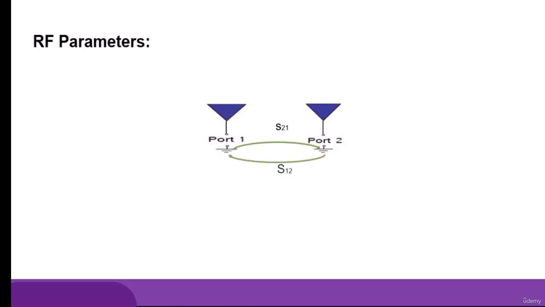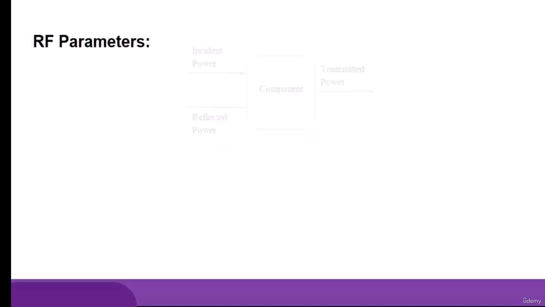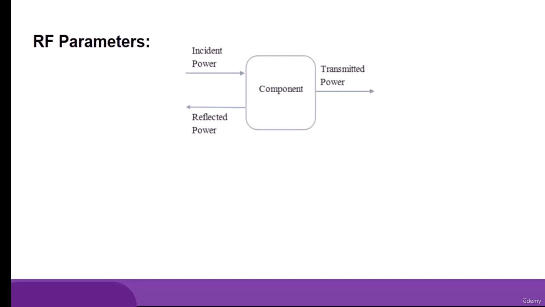Now after the detailed explanation of S21 and S12 parameters, we will look into this diagram. In this diagram, we have one incident power and the other one is the reflected power. The reflected power refers to that power which is not absorbed by the system, but is reflected back.